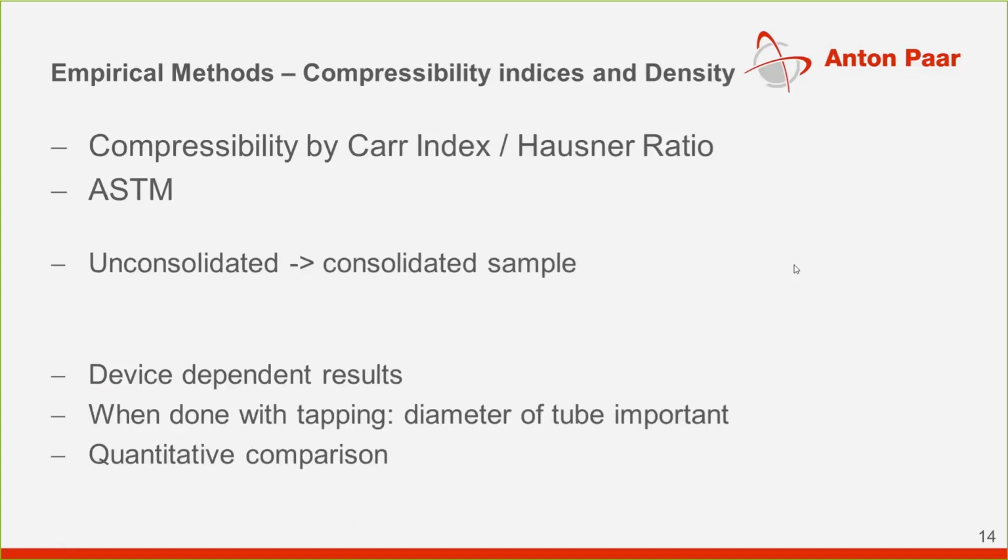What is also a bit of an issue here is that the link between compressing samples or particles to how they will flow is a bit of a theoretical stretch. So this works for rough predictions, but not for precise analysis.